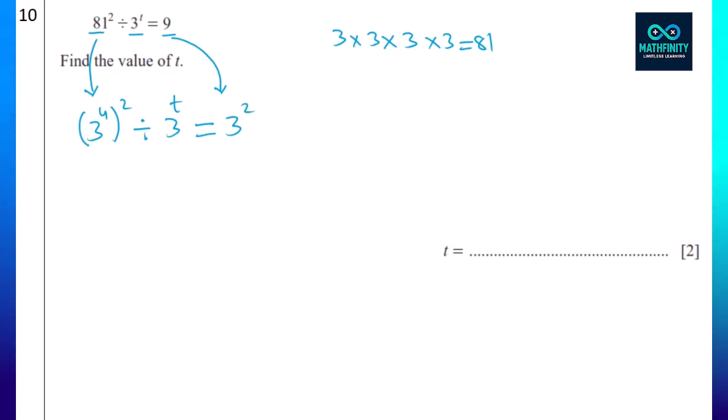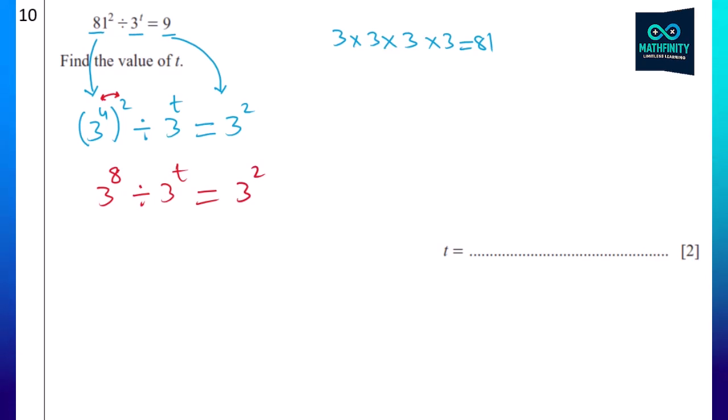We converted all the bases to the same base, so we can write here 4 times 2 because power and power multiply with each other, so it will be 3 power 8 divided by 3 power t is equal to 3 power 2.